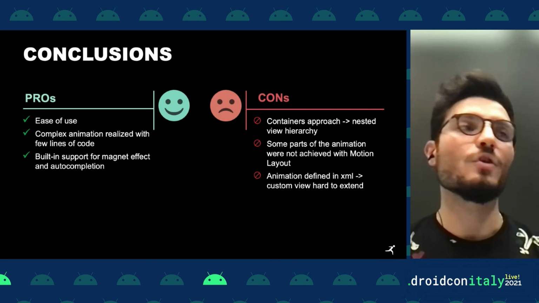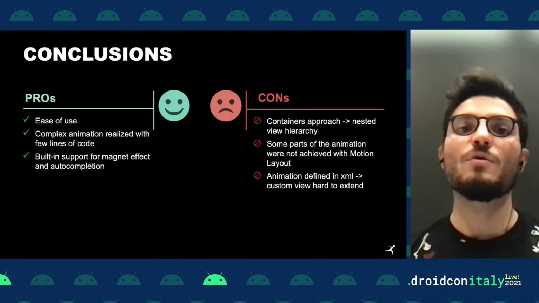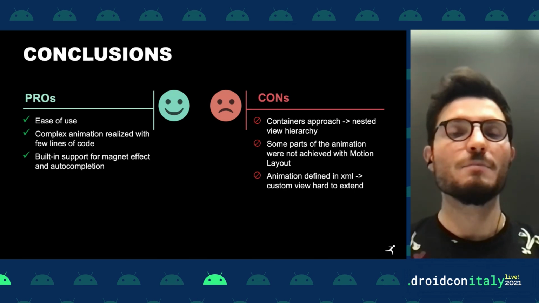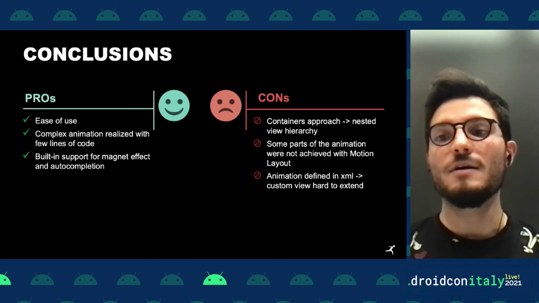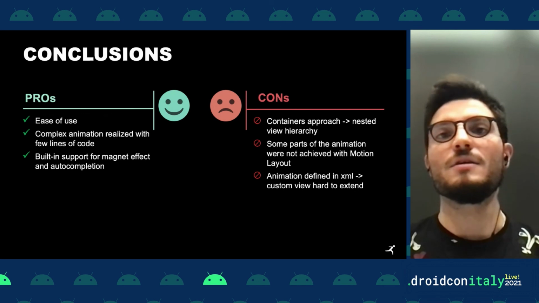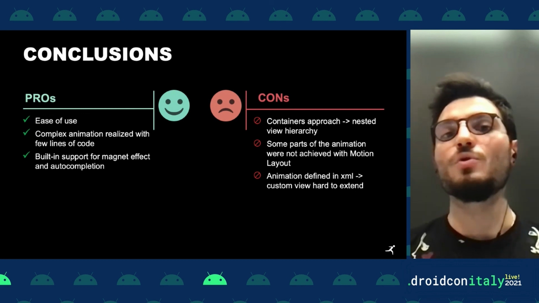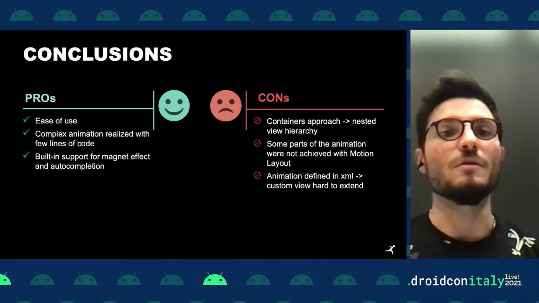About performance, having a nested layout is never a good option. But in our case, the loss in performance was very low, and the improvement in development speed for the consumers of the view was very high. So we decided to make this trade-off.